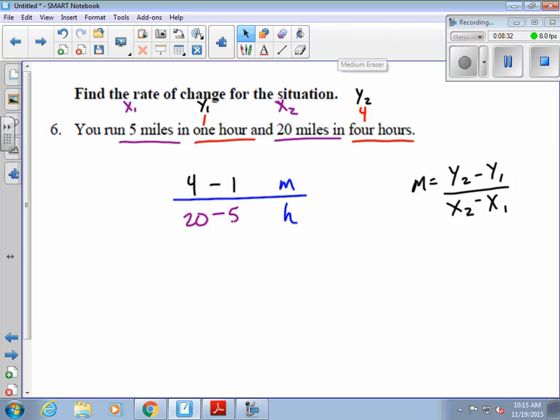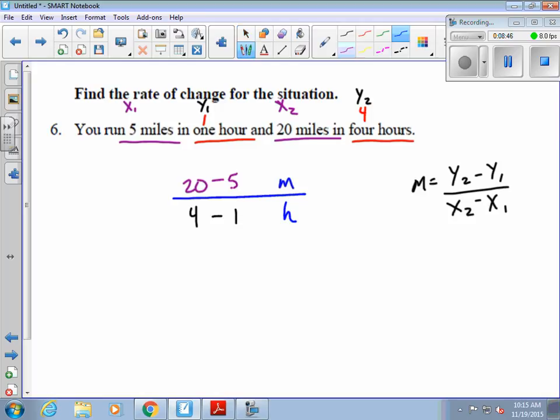I had everything upside down. This has to go to the bottom, and now we got it right. Now your miles and your hours match. When we simplify, 20 minus 5 is 15 miles, and 4 minus 1 is 3 hours. So we have 15 divided by 3.